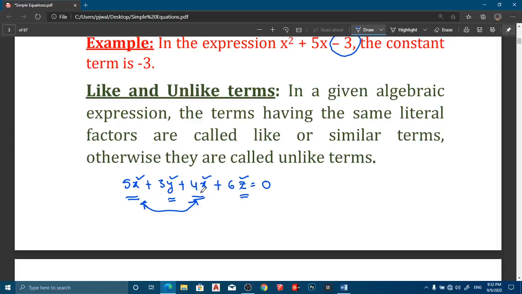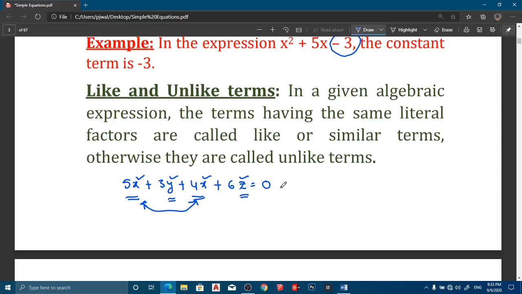You can add them, you can subtract them. So here also you can add if they are like terms. Otherwise you cannot add. You cannot add 5x and 3y, you cannot add 3y and 4x, you cannot add 4x and 6z. You can add only the like terms which have the same literal factors, like x and x.